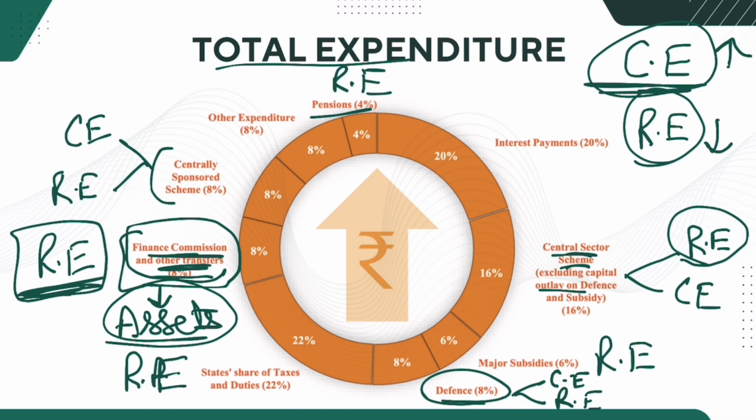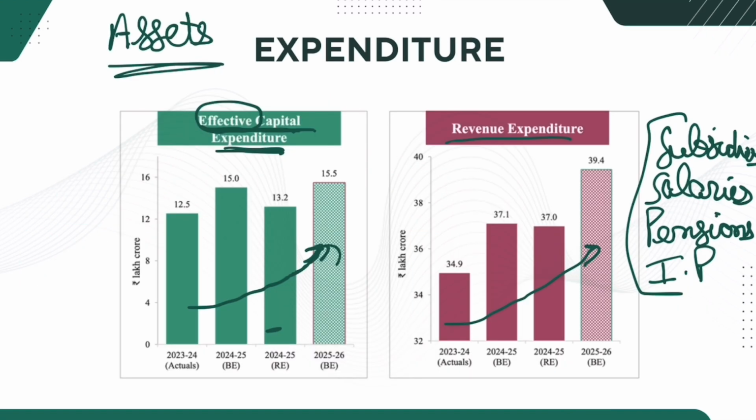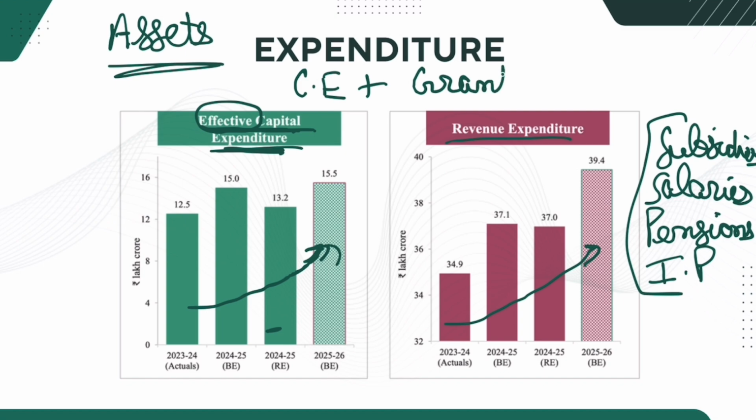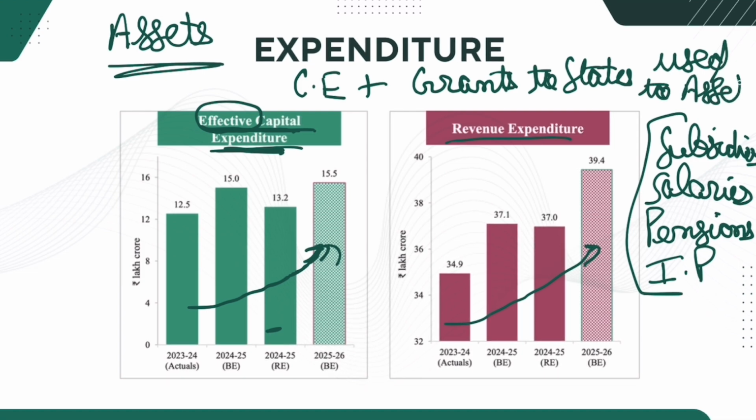So basically, what is effective capital expenditure? Effective capital expenditure is capital expenditure by central government plus grants to states used to build assets. Technically, all grants fall under revenue expenditure.